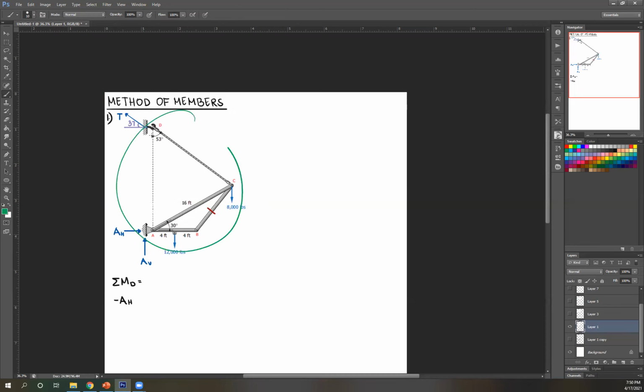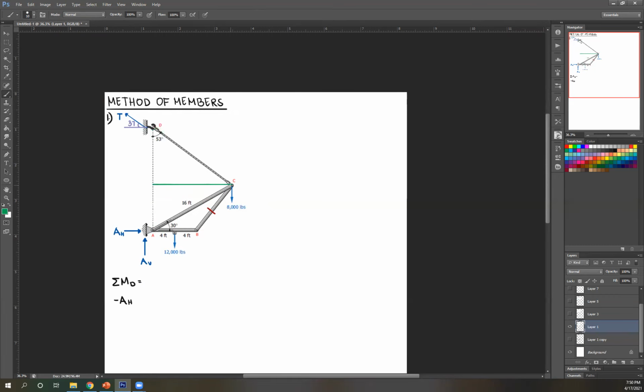Now look here, we have, if you've noticed, a couple of triangles. If I draw a line here, I can get this height by considering this is 30 degrees and this is 16. So I have myself a right triangle, right? Same thing here. This is also a right triangle with angle 53.